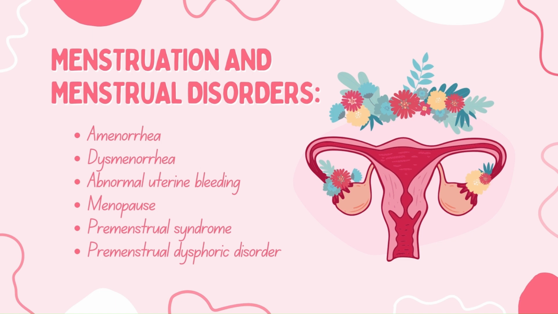Premenstrual syndrome. So the definition is a cluster of physical, behavioral, and mood changes with cyclical occurrence during the luteal phase of the menstrual cycle. Clinical manifestations can be broken down into physical, emotional, and behavioral. Physical symptoms include bloating and fatigue, which are the most common, but you might also see breast swelling and tenderness, weight gain, headaches, and muscle or joint pain.